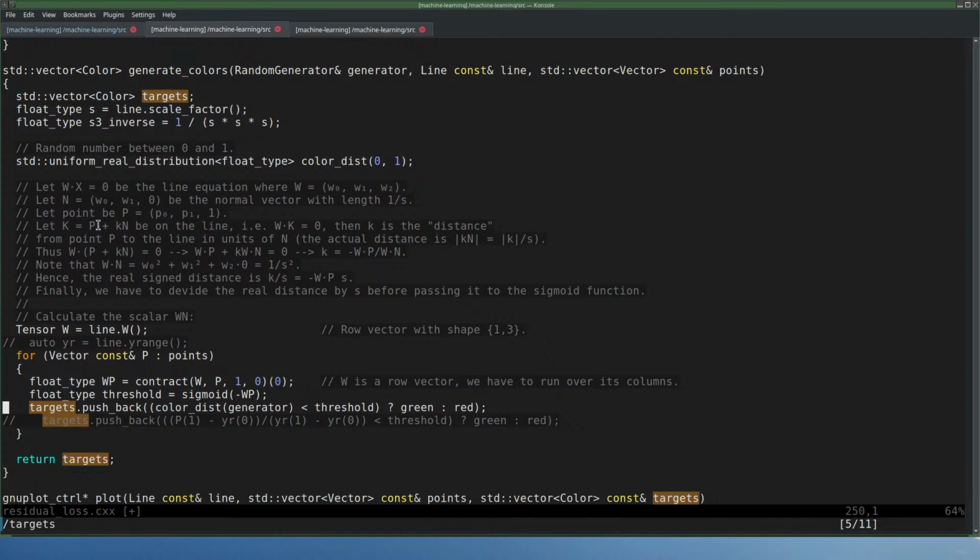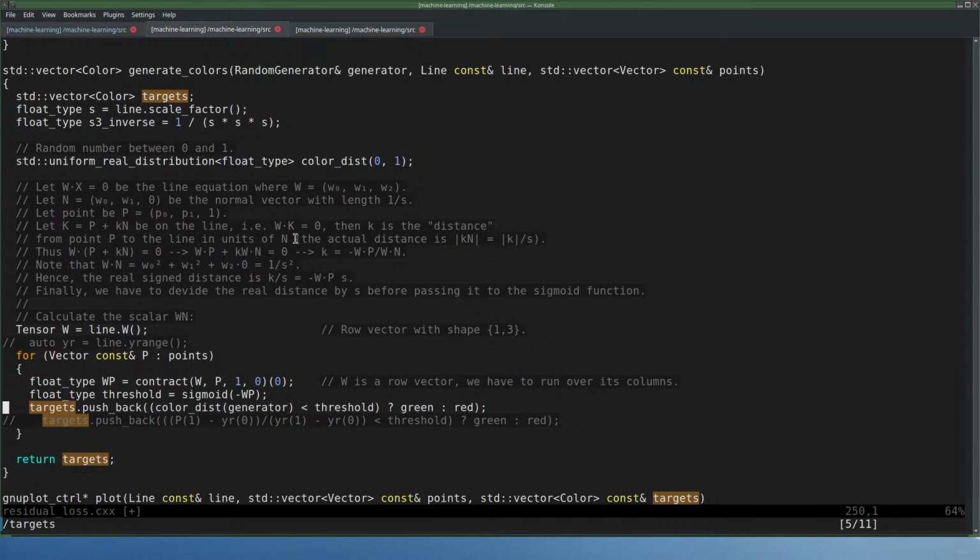So a red point plus a positive number of the normals, it becomes green, alright? Then we move into the green area. So let P plus Kn be on the line, Wx equals 0. Then K is the distance from point P to the line in units of N.